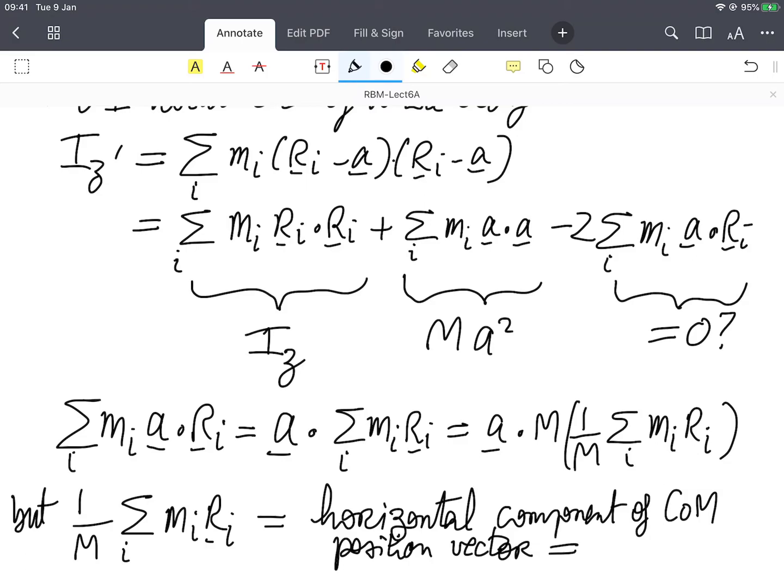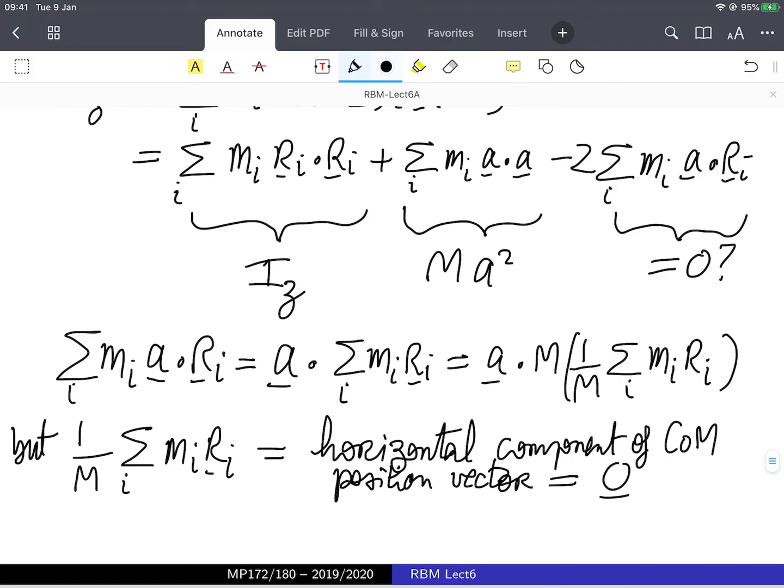And then that's 0 because Oz goes through the center of mass. And so, indeed, this quantity here is 0. And I've proven my theorem.